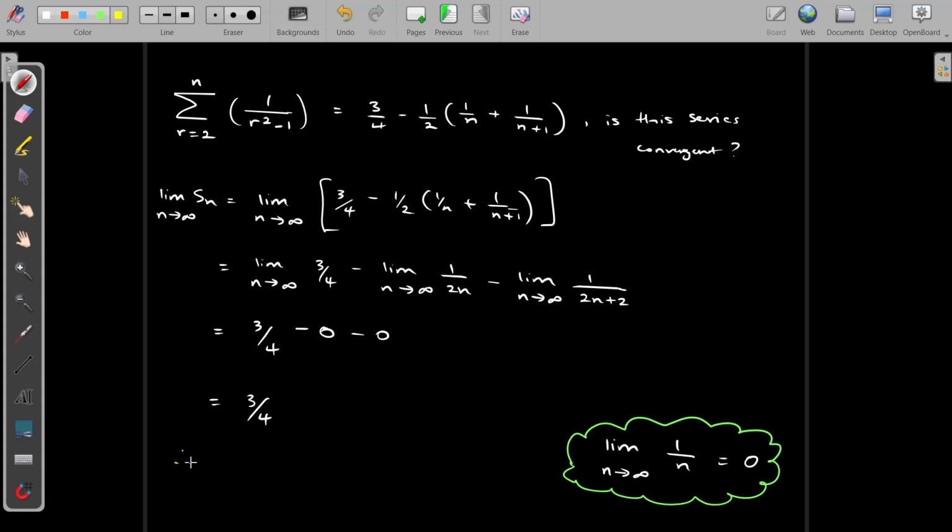So therefore, the series converges to 3/4. That's one way we can test for convergence, we actually have multiple ways.